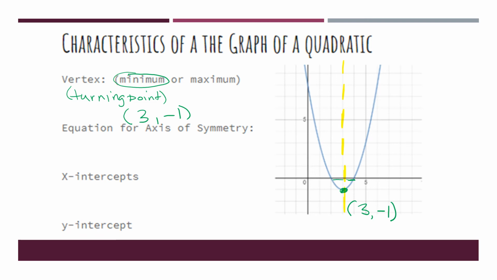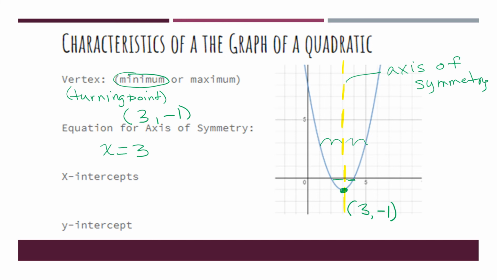If I come up here, 2 units, 2 units. So they reflect over each other, so we call this the axis of symmetry. It is a vertical line, so it's going to be x equals the x value of your vertex. So the equation for your axis of symmetry is x equals 3.